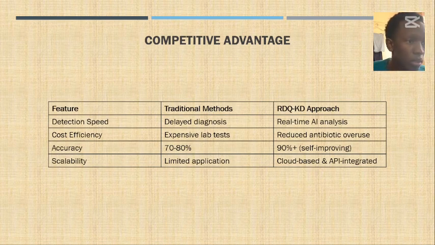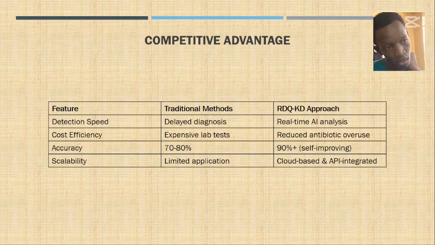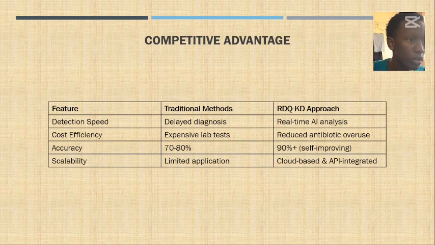On accuracy, traditional methods are 70 to 80%, and this approach is above 90% because it's self-improving. And lastly, scalability. The traditional methods have limited application, while this approach has a cloud-based and API-integrated interface.